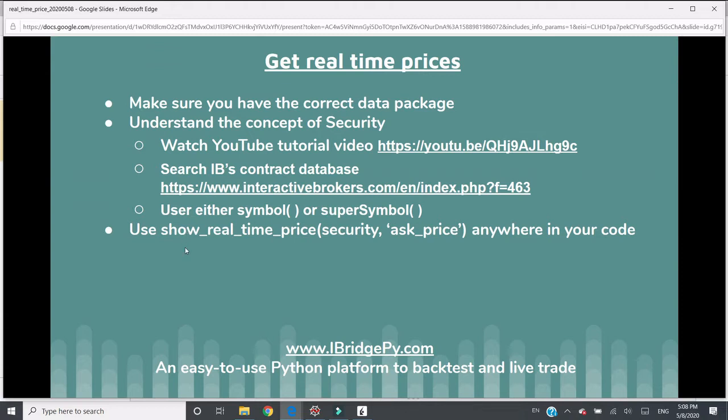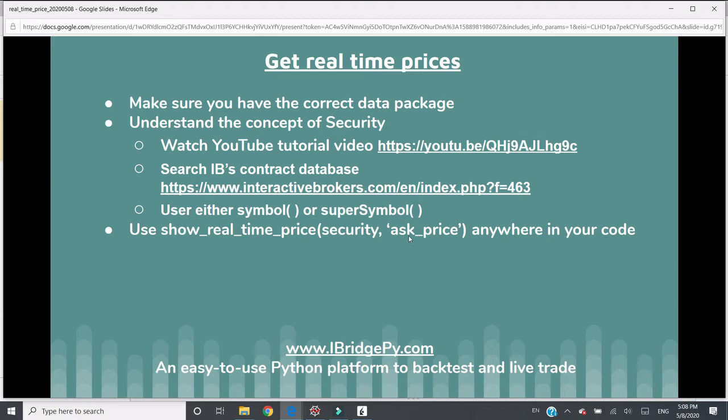In the code, you can call a built-in method called show_real_time_price anywhere to get a real-time price. It has two input parameters. The first one is a security object, which can be created by symbol or superSymbol. The second input parameter is the name of the price.